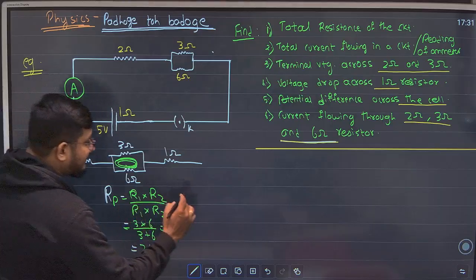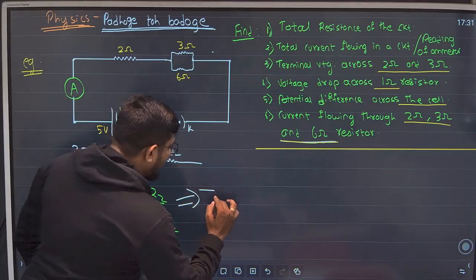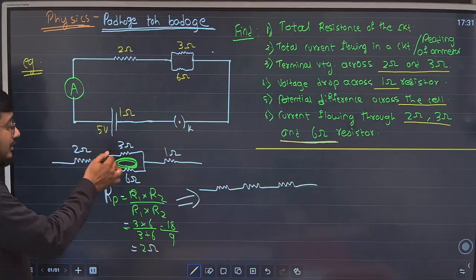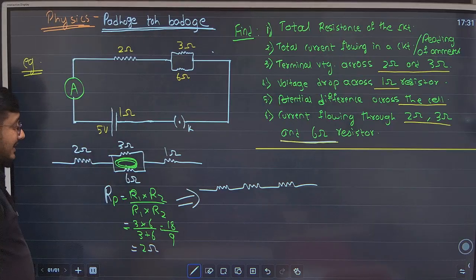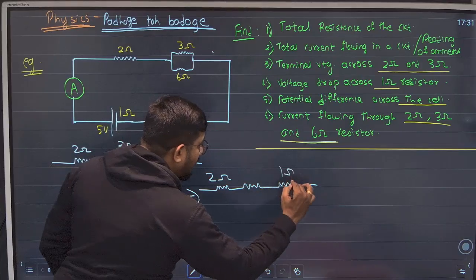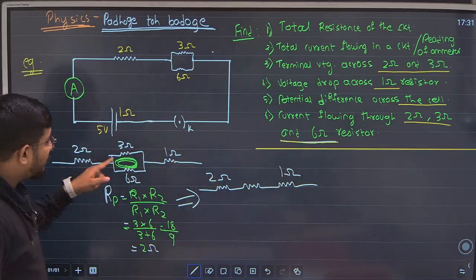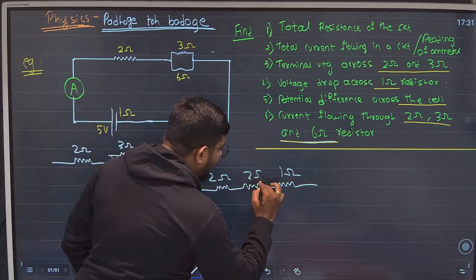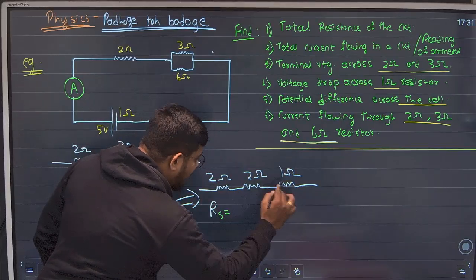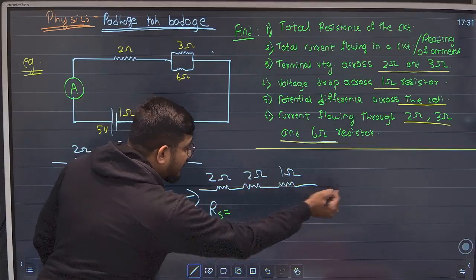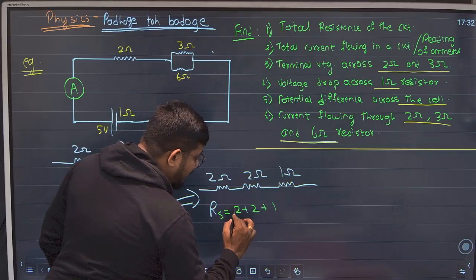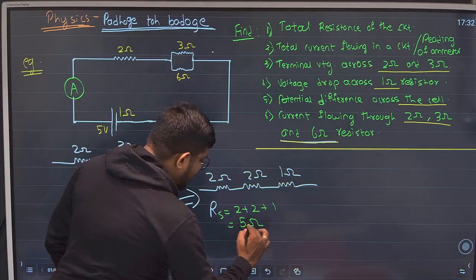Now the circuit becomes like this: 1, 2, 3. Why like this? Because once you solve this parallel circuit, it will become series with the others. This is already 2 ohm, this is 1 ohm. So the parallel part becomes series with the others with the value of 2 ohm. Now you know the formula for series: R1 plus R2 plus R3, we add all three resistances, that is 2 plus 2 plus 1, so 2 plus 2 is 4, 4 plus 1 is 5.